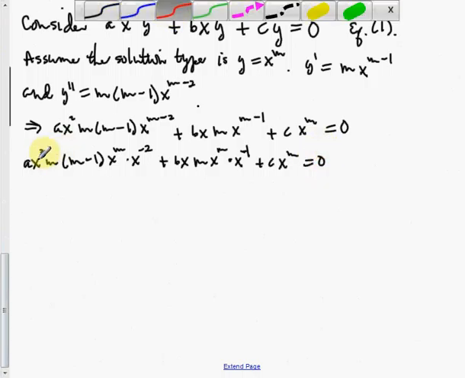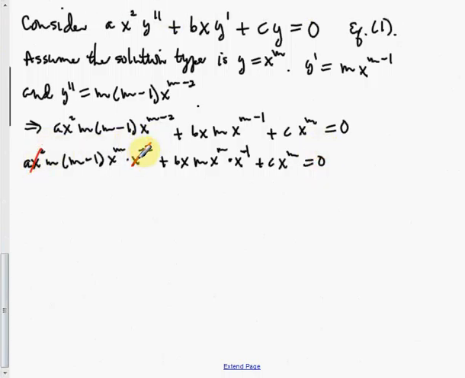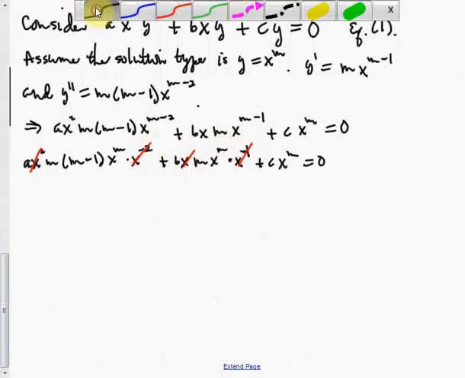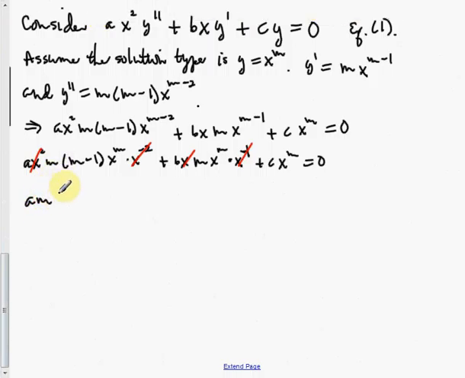Now you see that some terms cancel out. This x squared cancels out with x to the negative 2. X to the first cancels out with x to the negative 1. So what we have left now is a times m times m minus 1 times x to the m plus b times m times x to the m plus c times x to the m is equal to 0.